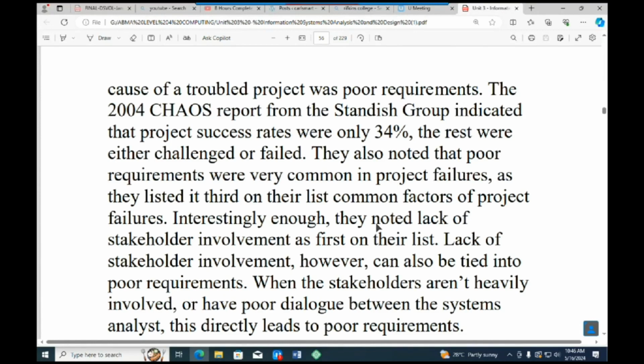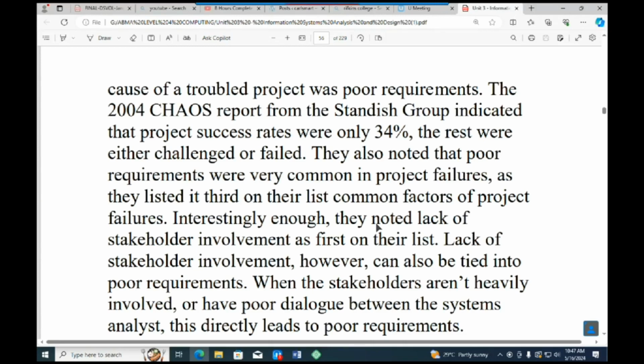When we look at the 2004 CHAOS report from the Standish Group, they indicated that project success was rated at only 34%, while the rest went into either the category of challenged projects or failed projects.